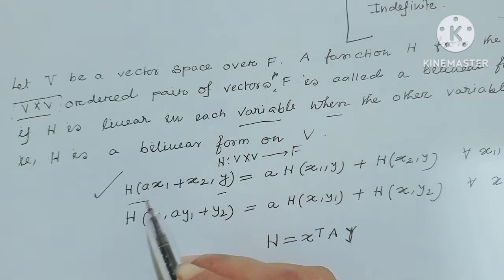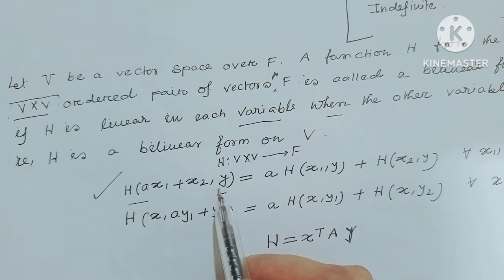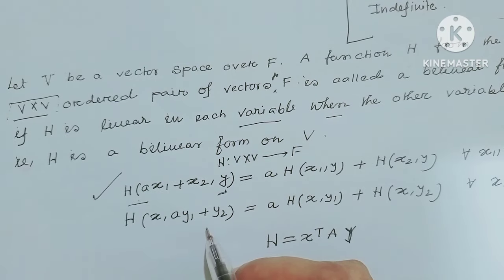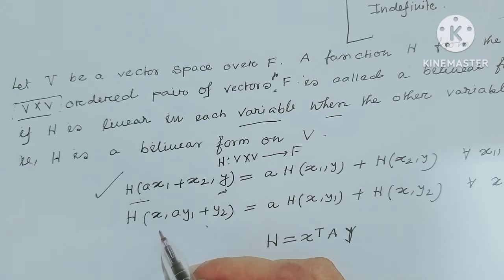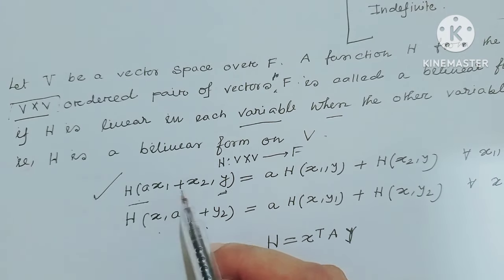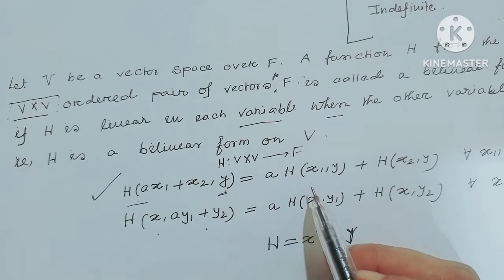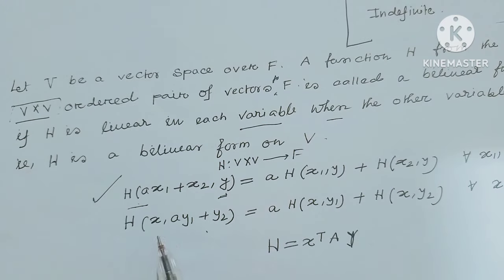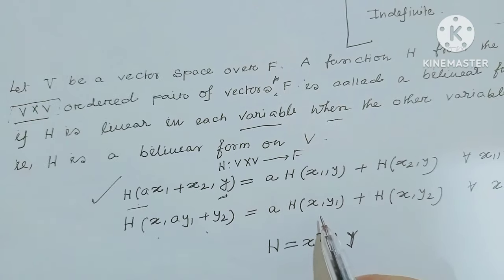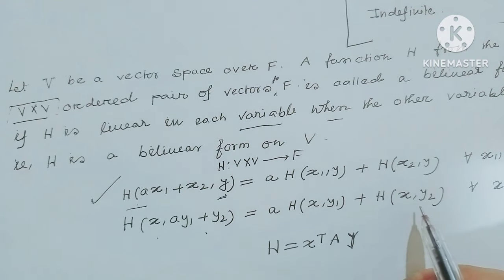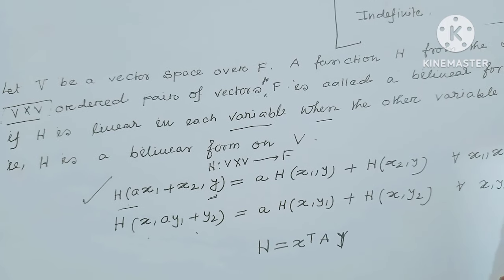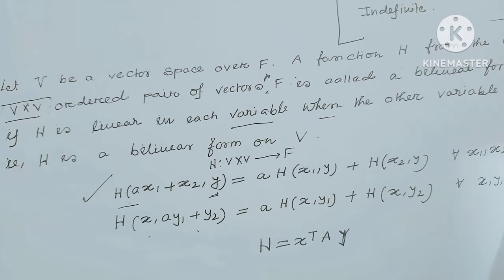Here, if A is linear with respect to the first coordinate, then the other coordinate is fixed. Then A is linear with respect to the second coordinate, and the first coordinate is fixed. That is, A(ax1 + x2, y) = aA(x1, y) + A(x2, y), and A(x, ay1 + y2) = aA(x, y1) + A(x, y2), where x1, x2, y belong to the vector space and a belongs to the field.